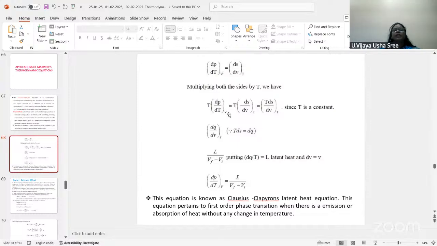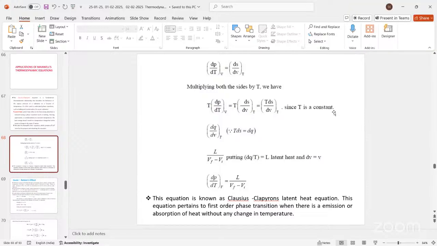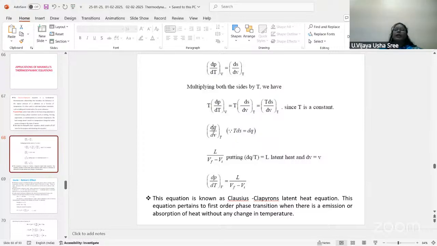T (dP/dT) at constant V is equal to T (dS/dV) at constant T. Here we are taking constant volume and constant temperature. Then we get T dS by dV at constant T. Since T, the temperature, is constant, this becomes dQ by dV at constant T. Therefore, we are taking TdS. Do you remember where we get this TdS?